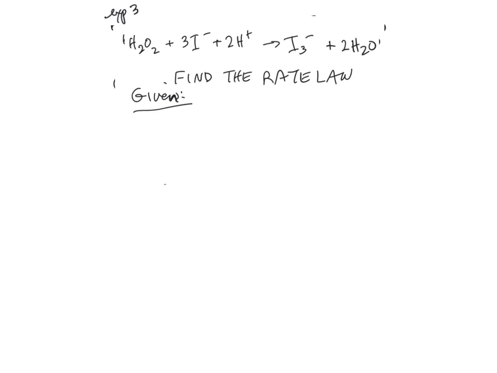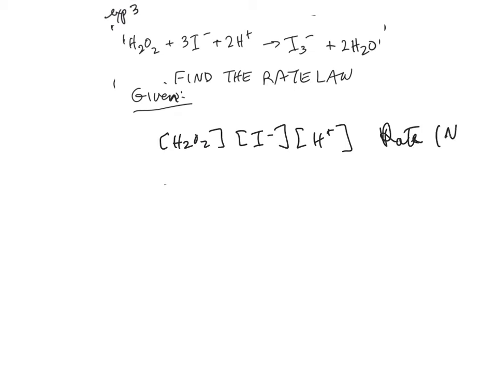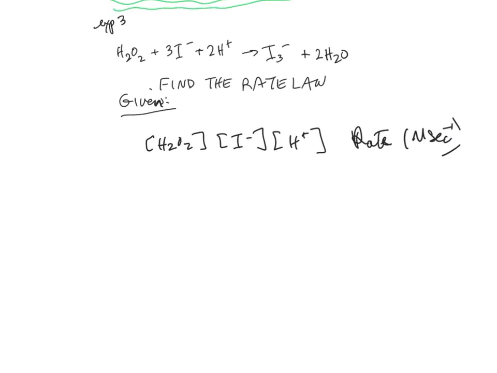We have peroxide, iodide, H plus, and then rate in units of molar per second. And because you have 3 reactants on the left, you're going to need 4 experiments for this one. Experiment 1, experiment 2, 3, and 4.